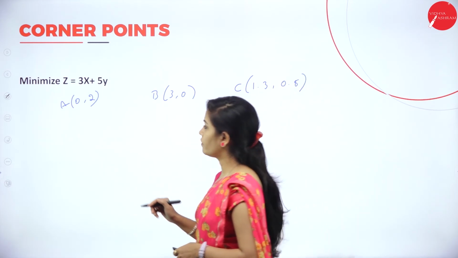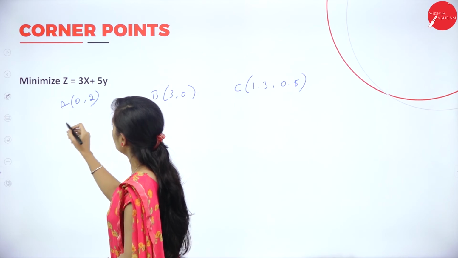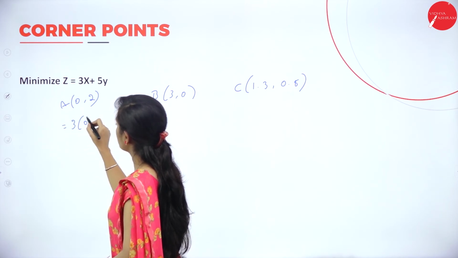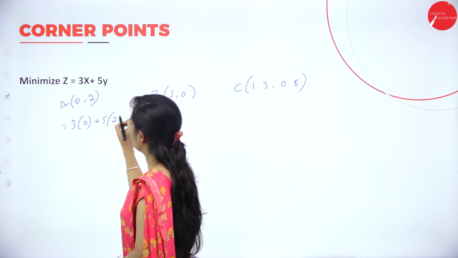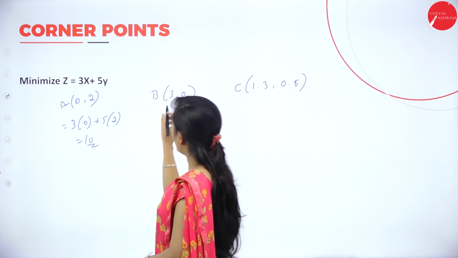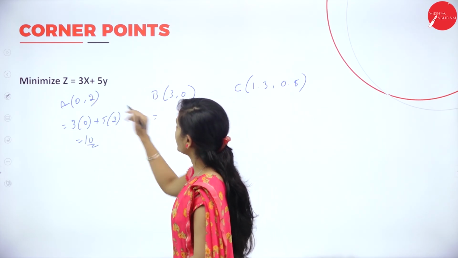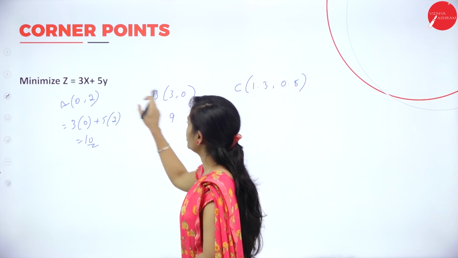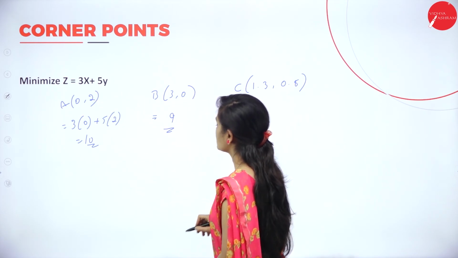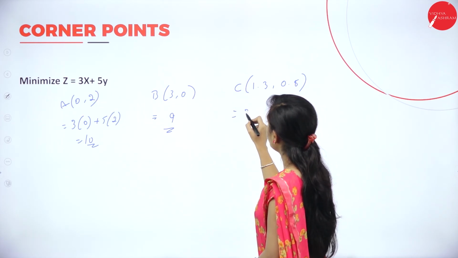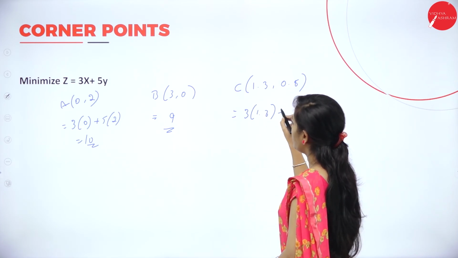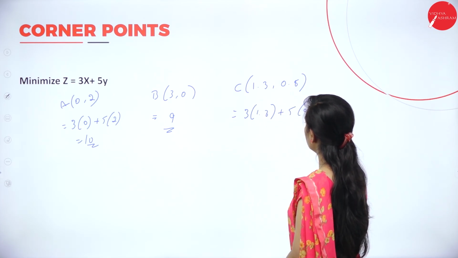We'll find the minimum value here. Substitute the values: 3 into 0 is 0 plus 5 into 2 is 10. And 3 into 3 is 9 plus 5 into 0 is 0, so the answer is 9.